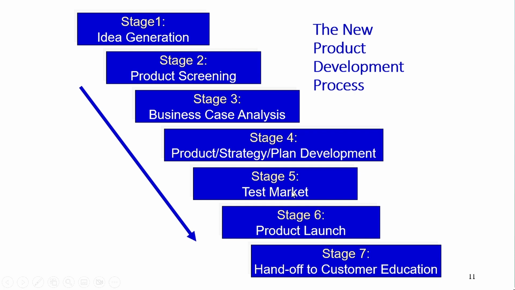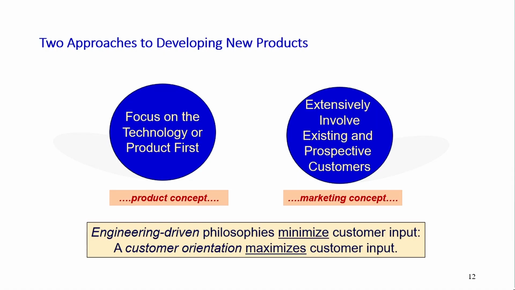As a result, today we classify that there are two notable approaches to developing new products. One is focused on technology or product. This is the traditional product development focus, whereas nowadays in lean product development, the focus is more on customer development or customer focused product development.